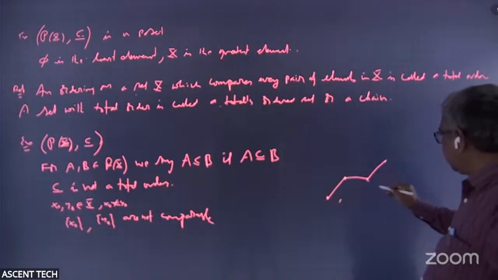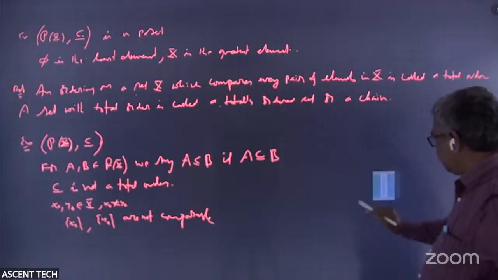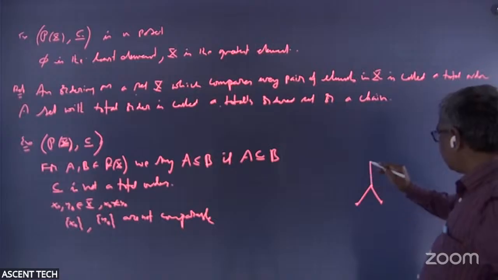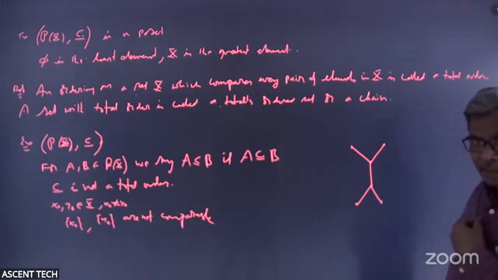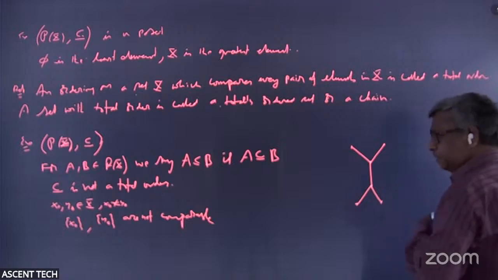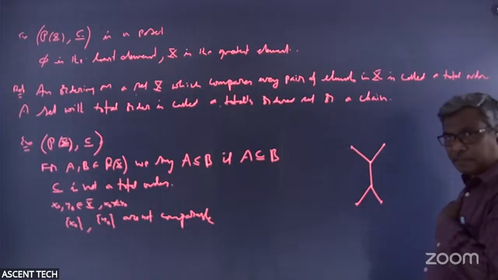This one, for example. Maybe I can write it in this way. So you see that this is a minimal element. There is nothing below this, but there are things which are not comparable to that. This is not a minimal element, it has smaller elements than that. This is a maximal element, but that is not bigger than or equal to everything else.